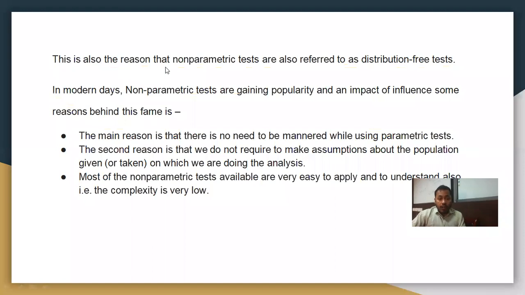This is also the reason that non-parametric tests are referred to as distribution free tests, because it does not depend on the distribution, right? So that's why non-parametric test is also referred to as distribution free test. Okay, so in modern days non-parametric tests are gaining popularity.